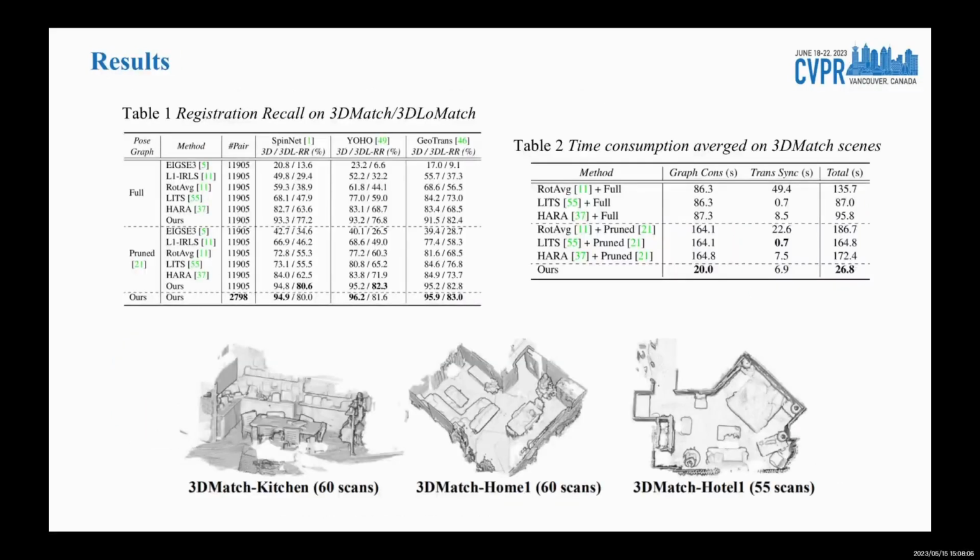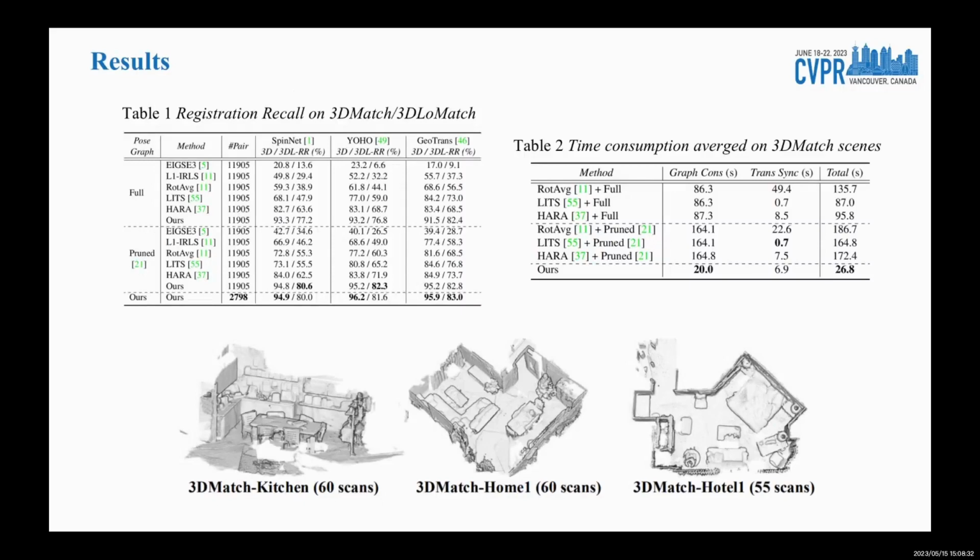We demonstrated the effectiveness of SGHR through extensive quantitative, qualitative, and ablation experiments. Firstly, on indoor 3DMatch and 3DLoMatch datasets, SGHR achieved 11% and 6.2% improvements in registration recall, respectively, with only 20% of pairwise registrations compared to existing multi-view registration methods.